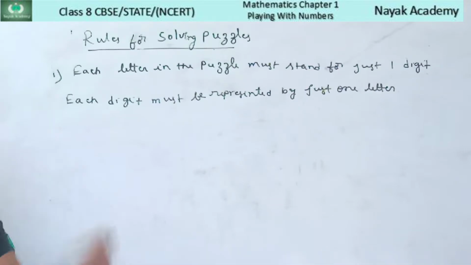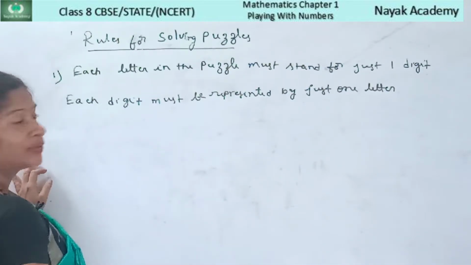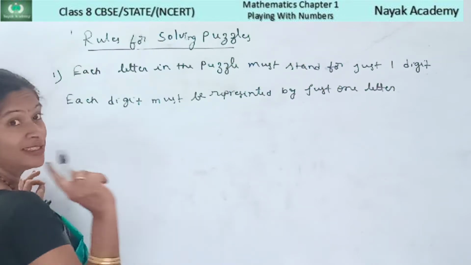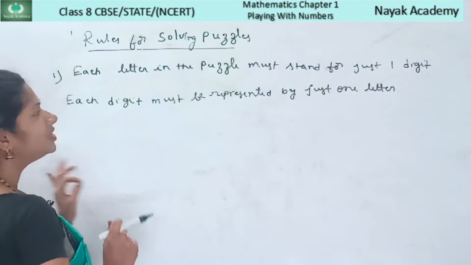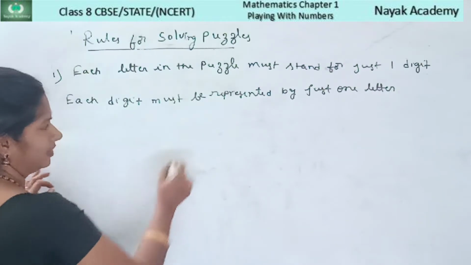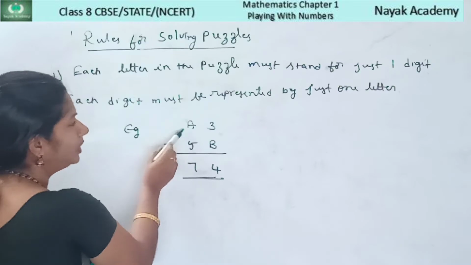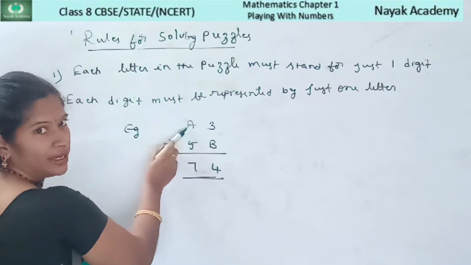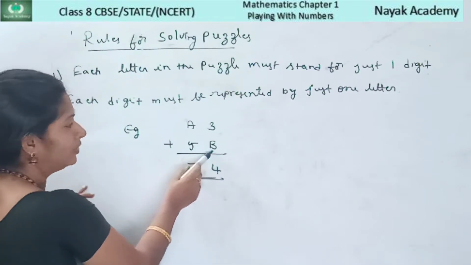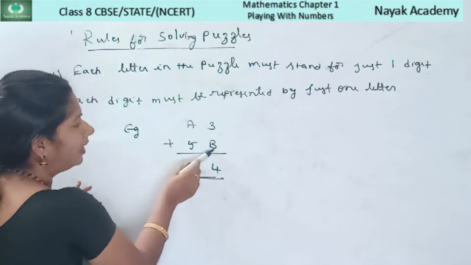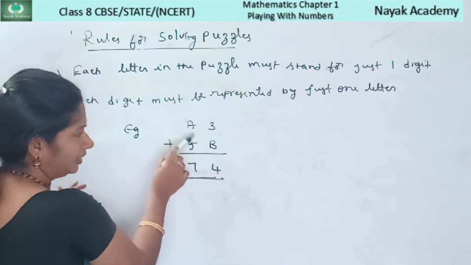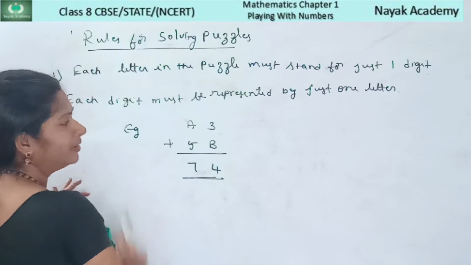Now let us discuss rules for solving puzzles. Rule number 1. Each letter in the puzzle must stand for just one digit. Each digit must be represented by just one letter. For example, in this example, you can substitute the value of a as one digit, and the same digit you are not supposed to substitute for b, because a and b are different letters, children, and you have to substitute different digits for a and b.